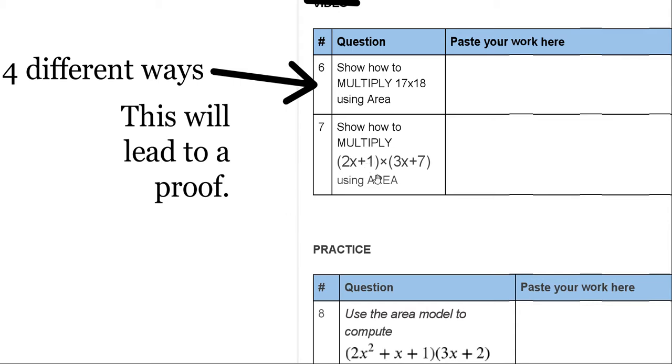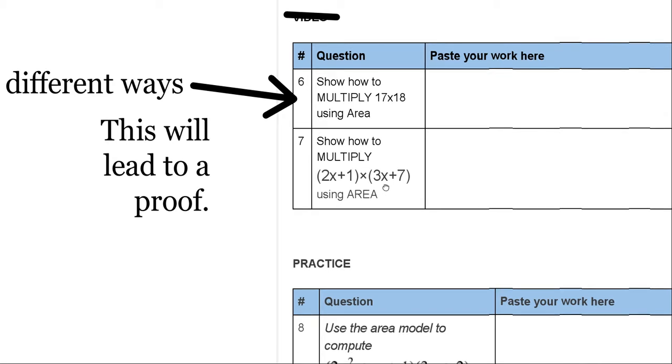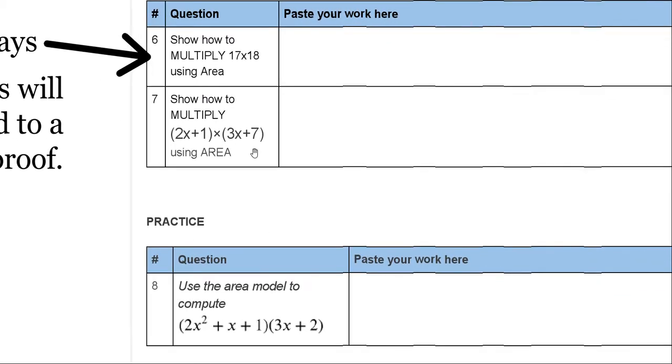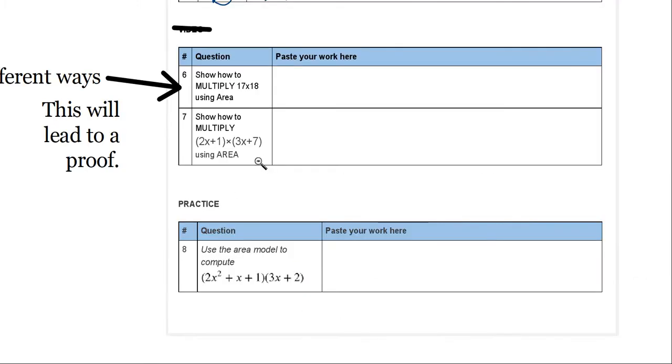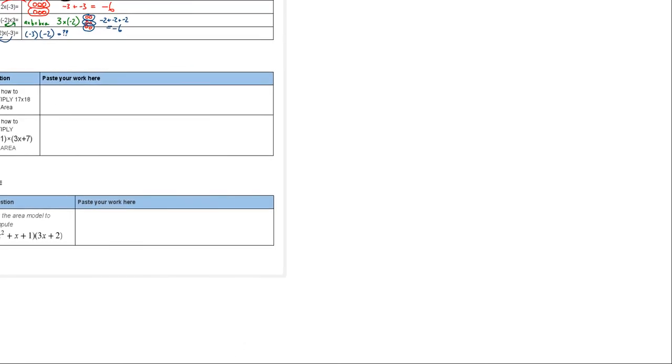Okay, last one. Here we go. Show how to multiply 2x plus 1 times 3x plus 7 using area. 2x plus 1. I'll just go here. 2x plus 1. 3x plus 7.